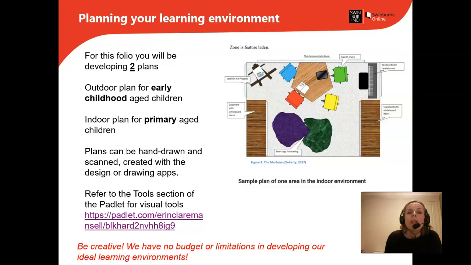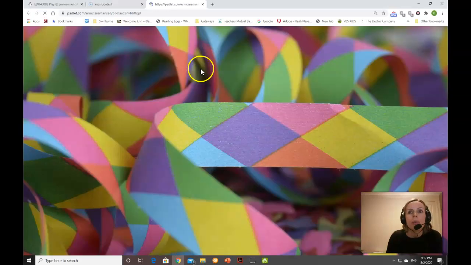When you're planning for your learning environment, like I mentioned before, you can use either hand-drawn plans, or you can also use some great design or drawing apps that we recommend here, or you can find your own if you don't want to use one of these.